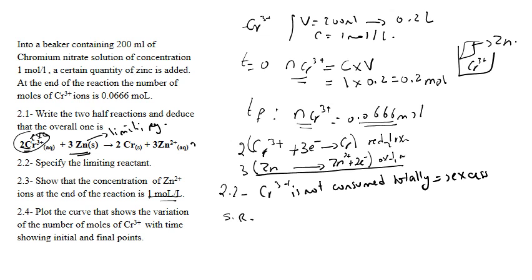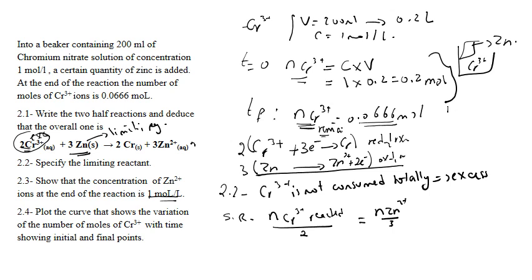The stoichiometric ratio can be written as: since Cr3+ is in excess, we should take the number of moles of Cr3+ reacted over 2 equal to the number of moles of zinc ions over 3. The number of moles of Cr3+ reacted can be calculated, since we have at time equals 0 the number of moles of Cr3+, and at t final, the number of moles of Cr3+ remained.